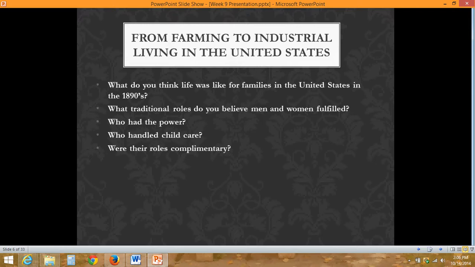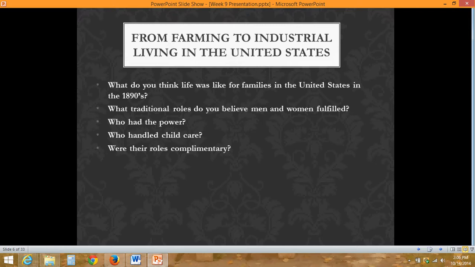And then because of the Industrial Revolution, we have an influx of city living, an influx of industrial activity. Thinking about it from the perspective of families in the United States, what was it like to be a husband and a wife when now a wife is sent off to work, or children are even sent off to work? What is the difference there between a farming community and an industrial community?